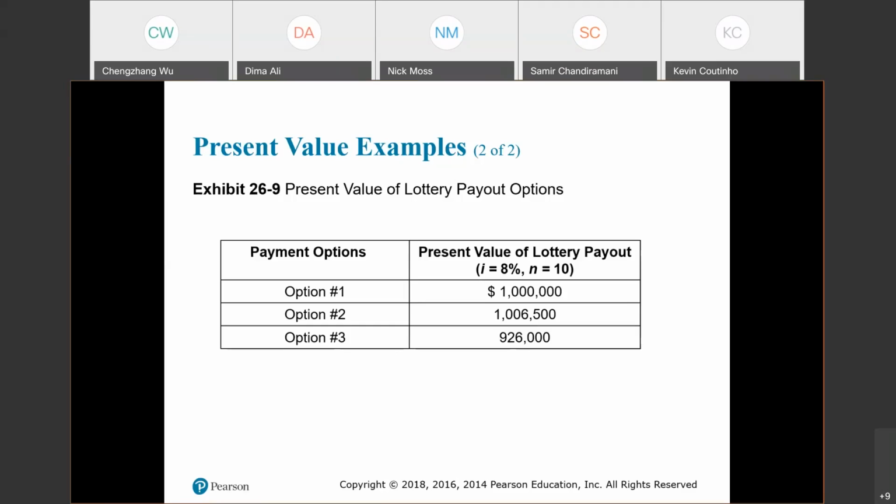And then you can get the present value to be only $926,000. So by comparing the present value of these three options, option number 2 actually has the greatest value. And option number 2 is the best one.